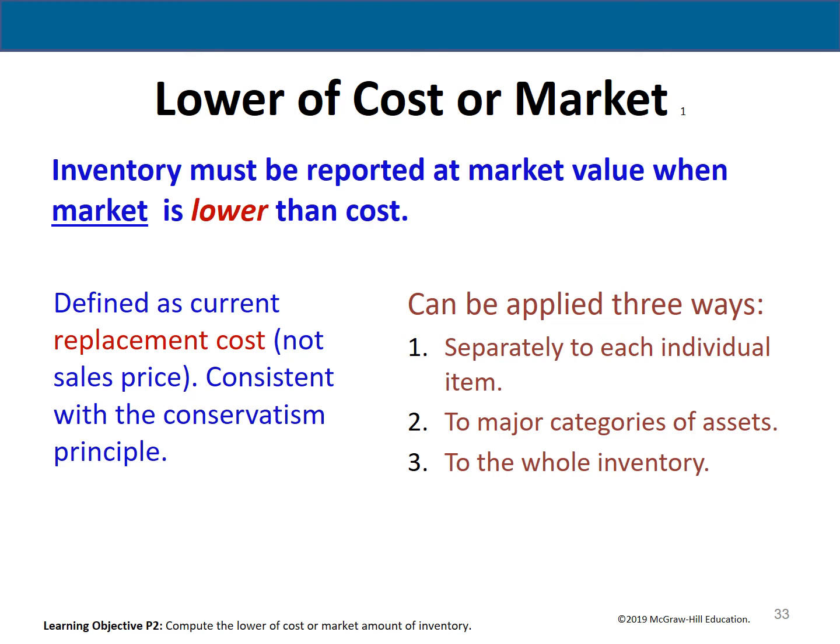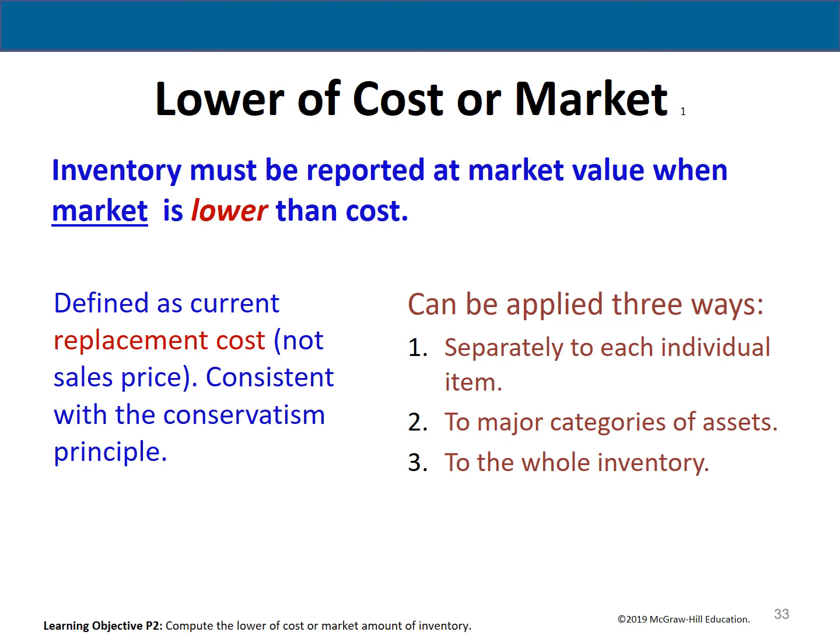And here's one of the rules. What this says is that your inventory amount must be reported at its current replacement cost or what you actually paid for it. So market value doesn't mean how much you're selling it for. Market value is what it would cost you to replace it.